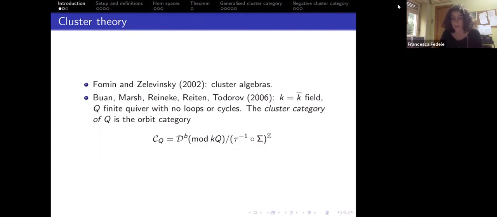And by an orbit category, we mean one where the objects of CQ are the same as the objects in the bounded derived category of mod KQ.